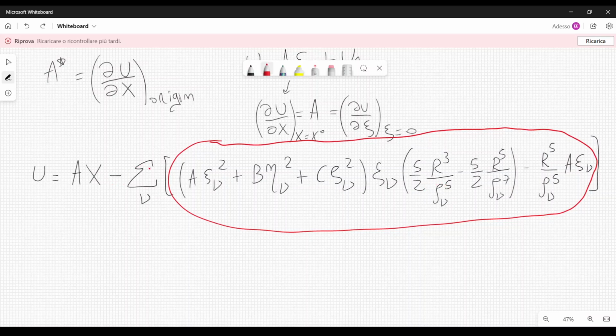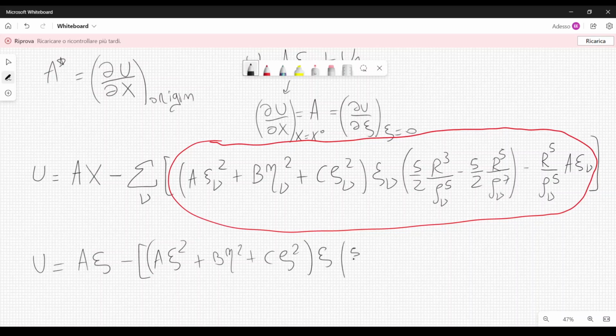If you go back and check the expression that we found for u, we had this formula. So maybe I can also write it down for the sake of convenience. We had a times xi minus, we had a xi squared plus b eta squared plus c zeta squared times xi, 5 over 2 r cubed over rho to the fifth minus 5 over 2 r to the power 5 over rho to the seventh minus r to the power 5 over rho to the fifth a xi.